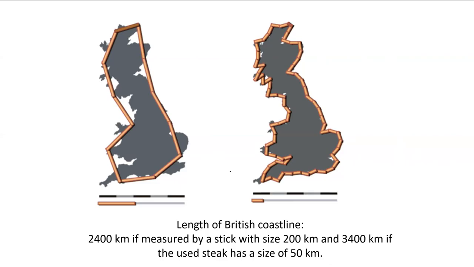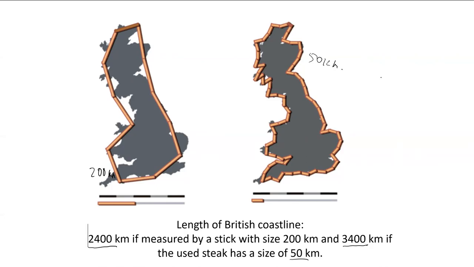If we use a ruler of size 200 kilometers, we find that the length of the coastline is 2,400 kilometers. If the ruler is smaller, I think here it's 50 kilometers, then the length is 3,400 kilometers.